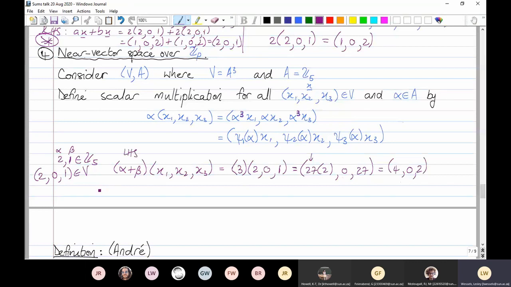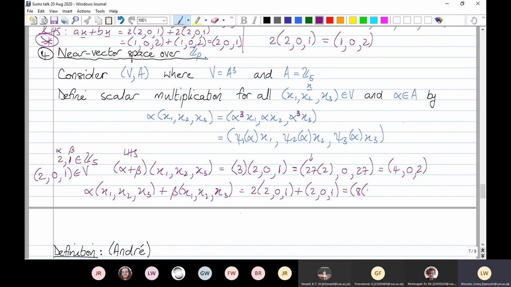So I'm going to show that this is not equal to alpha times x1, x2, x3 plus beta times x1, x2, x3. So I have 2 times 2, 0, 1 plus 1 times 2, 0, 1. So if I take that 2 in, it's going to be 2 to the power 3.